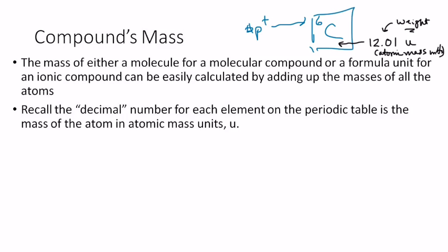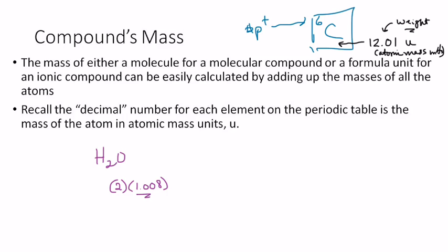So here we go. I'm going to do an example. What if we have a water molecule and we want to know how many AMUs that water molecule is? Well, that's not so bad. And you have to show your work for this sort of calculation. I'm going to say there are 2 hydrogens, and I'll look up the decimal number for hydrogen. The periodic table we're going to be using has it out to 3 decimal places, so 1.008 AMUs, or U's.